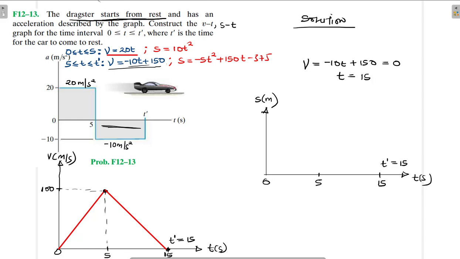Okay, so it will hit 15 here. So this equation is V is equal to 20t, and this one is V is equal to minus, it has a negative gradient, plus 150. So we are done with the first one. And then this other one, the first part is quadratic, so we have a behavior like so, something like this.